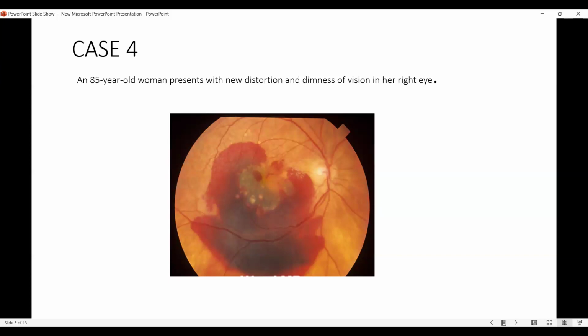Anyone like to add something here or describe this picture again? Ma'am, can I speak? Yeah, please proceed. I see a grayish white lesion near the fovea, most likely a choroidal neovascular membrane, and bleeding from this membrane is the cause for the bleeding. Age-related macular degeneration.